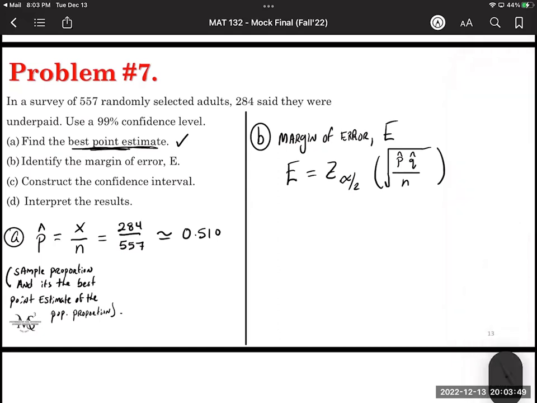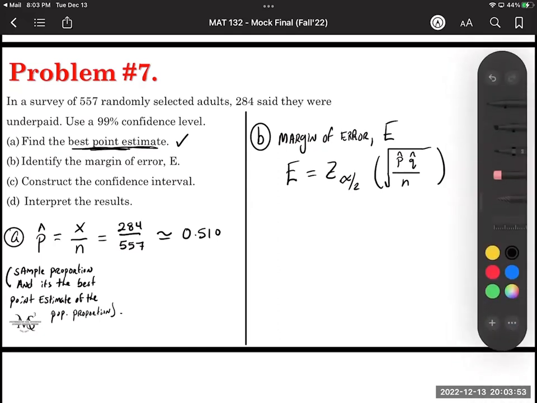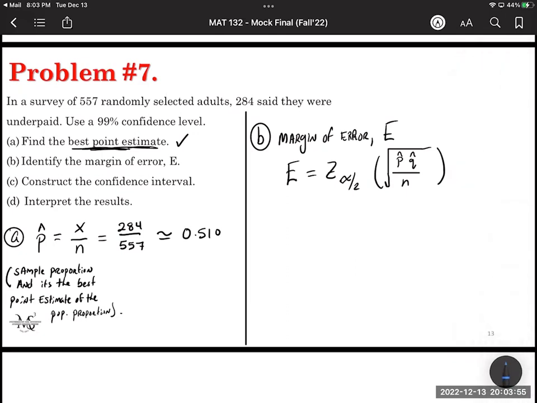This is how we figure out Z alpha over 2. Let me define these things, and then we can insert them into the formula. Z alpha over 2 is just a fancy way of writing the words critical value.